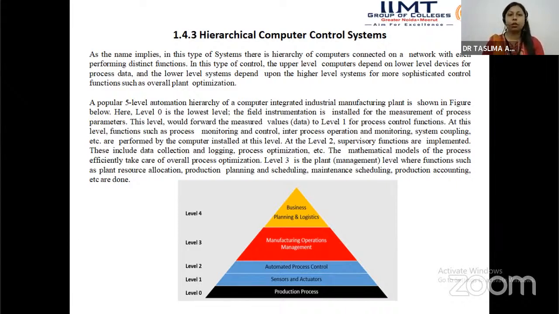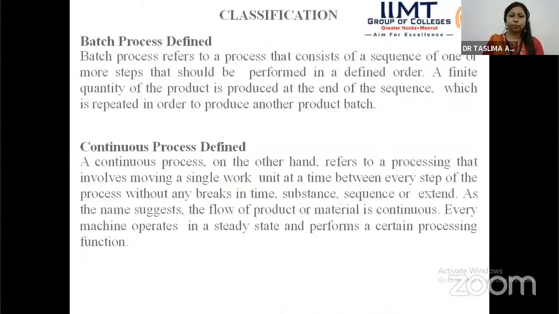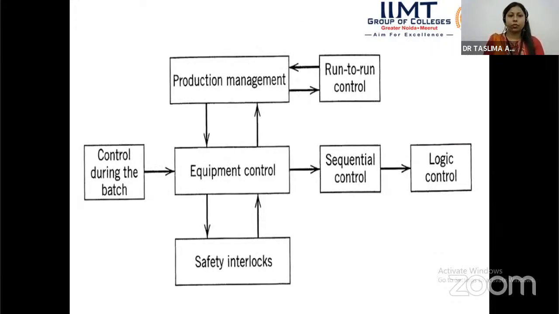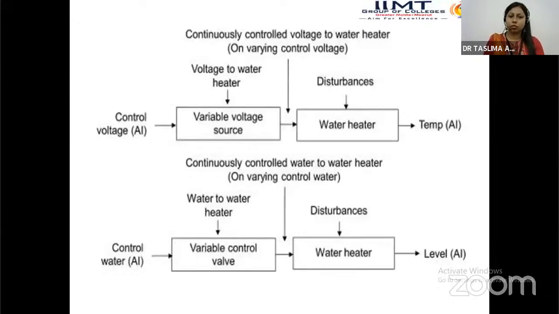Therefore, we follow this hierarchical computer control system. And the different types based on this are batch process and continuous process. An example that is given: controlling of water level, temperature of water heater, that is already explained.